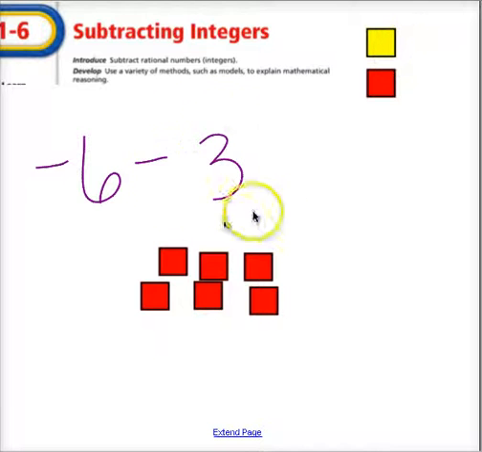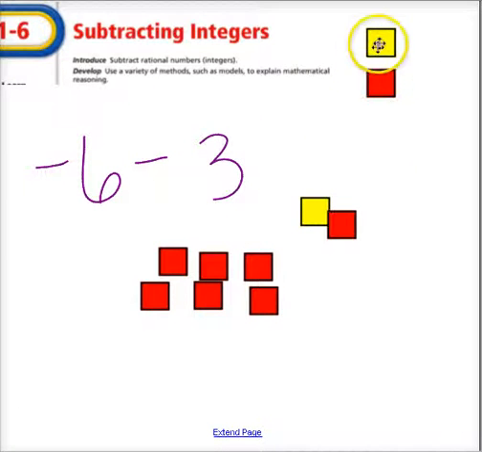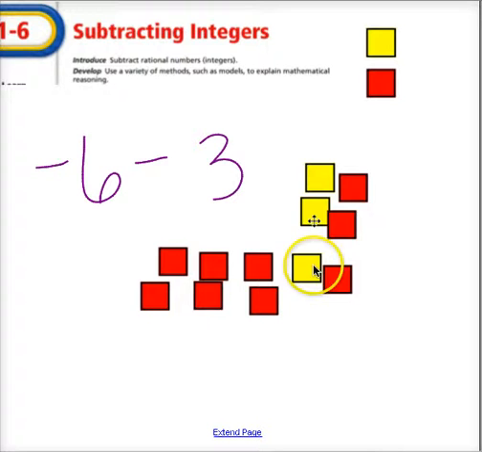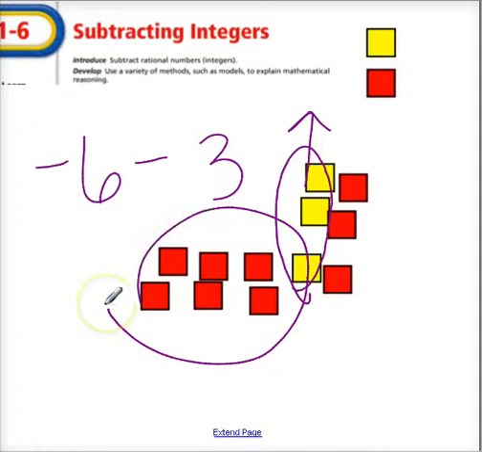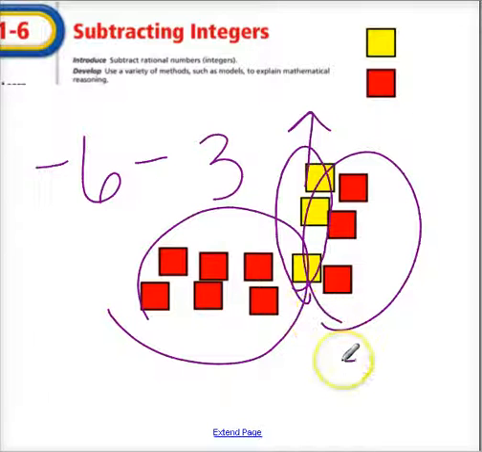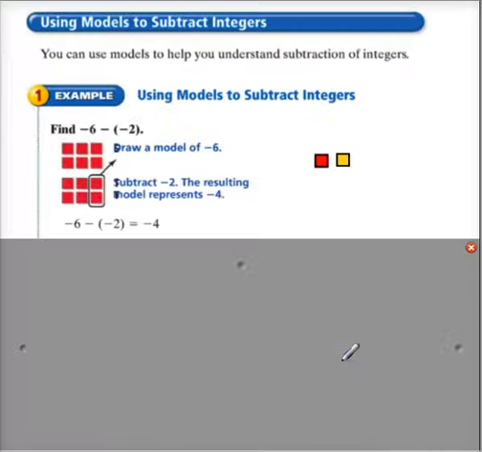So since I need 3 positives to take away, I'm going to add 3 0 pairs. This is not changing my number of negative 6. They equal 0, so I still have a negative 6. But now I have 3 positive units that I can remove, so I'm left with 6 plus 3, which equals a positive 9. So that is modeling subtraction using algebra tiles.